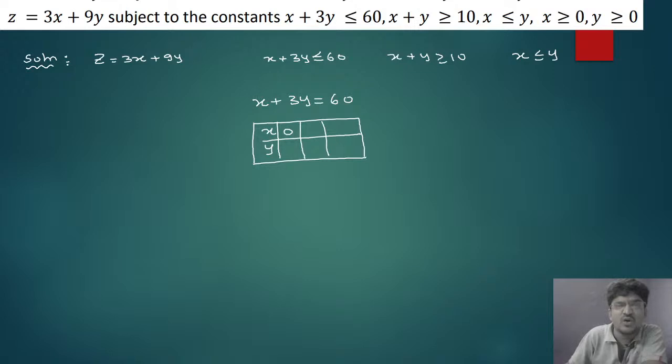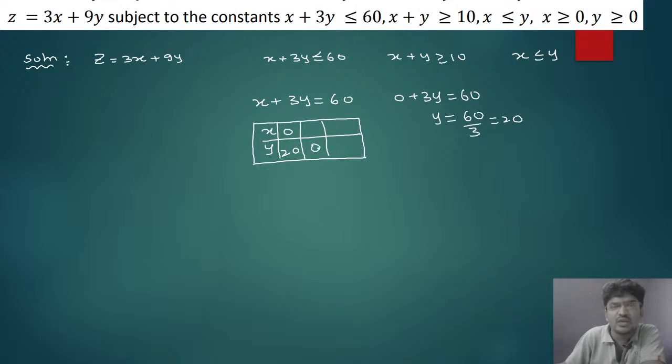If x is 0, then 0 plus 3y equals 60, that is y equals 60 by 3, which is 20. If x is 0, y is 20.